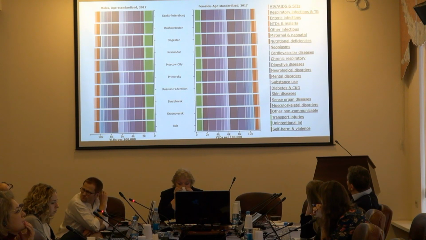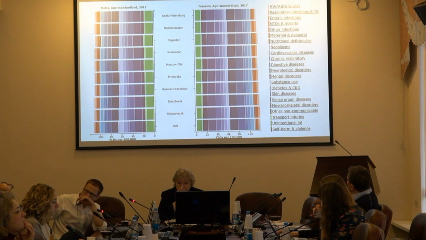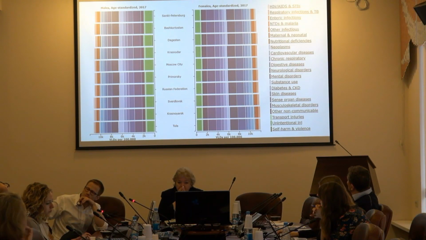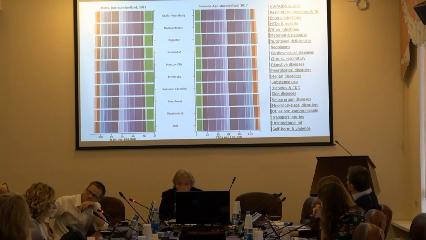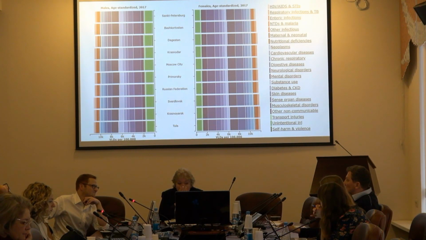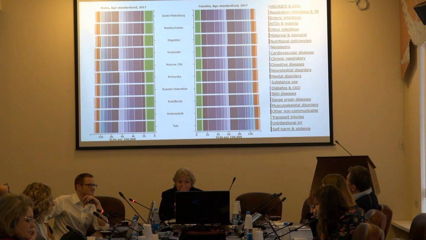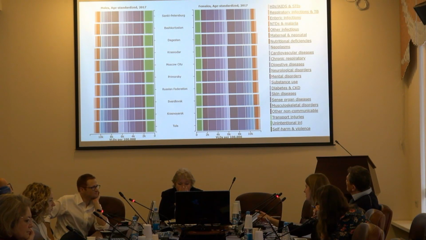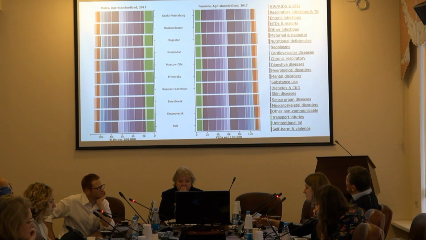One thing that I want to mention here, if you look at the pattern between oblasts, is it the same? Do you believe that? I think that Russian oblasts are very similar to each other.